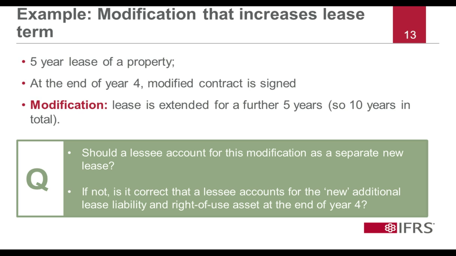And therefore, the lessee recognises those additional rights of use, along with the modified lease liability, on its balance sheet as soon as they have been agreed. So, in this case, the modification is both recognised and measured at the end of year 4.